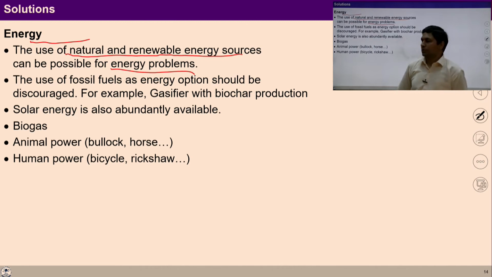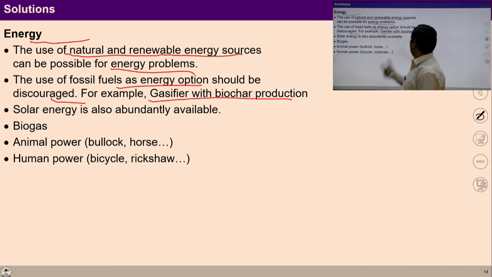So the use of fossil fuels as an energy option should be discouraged. For example, a gasifier with biochar production should be used. All those kinds of production processes which are powered by renewable energy sources should be encouraged.